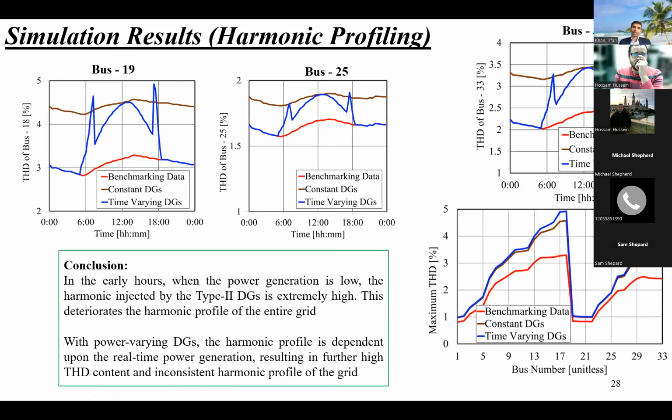Let's talk about harmonics. So, the harmonic profile with both types of DGs. If we see this, the gray one is a constant power DG, and it has a contribution of only 4.5 to 5% THD, while the blue one is a variable power DG, and it does not have any contribution when it's not producing any power, but when it starts contributing, its spikes go very high.